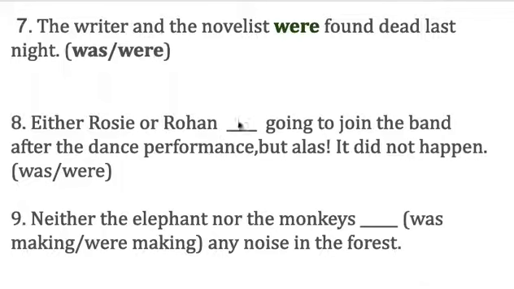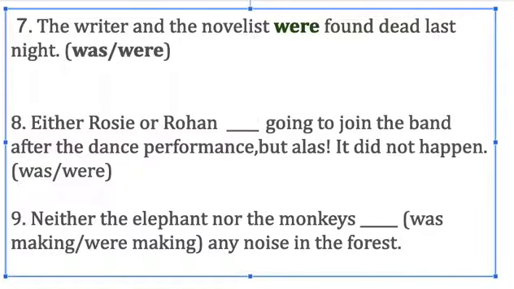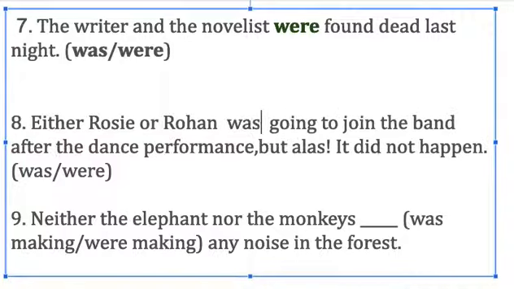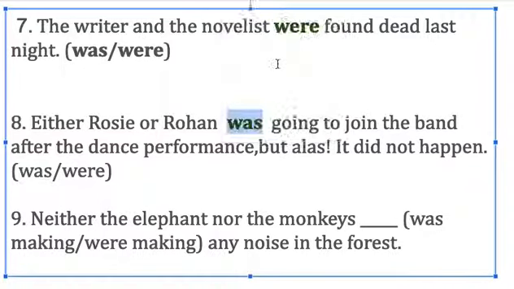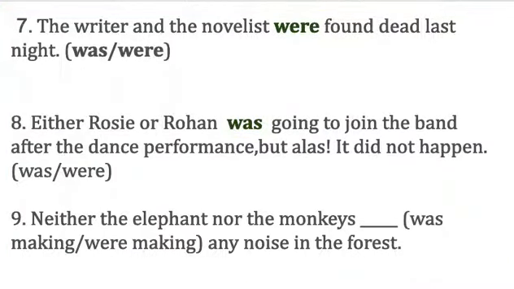So either Rosie or Rohan is going to, or was, sorry, in the past form we say was going to join the band after the dance performance, but alas, it did not happen. So not were, based on subject-verb agreement, we say was, because here we have got an option given with the conjunction called "or".